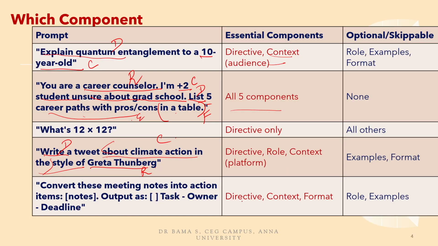Here, as you can see, there are 3 components that are listed. The first one is directive and the context, the background information, and we need this input and output in the specific format. So, these 3 components are listed as essential ones. The optional ones are role and examples.